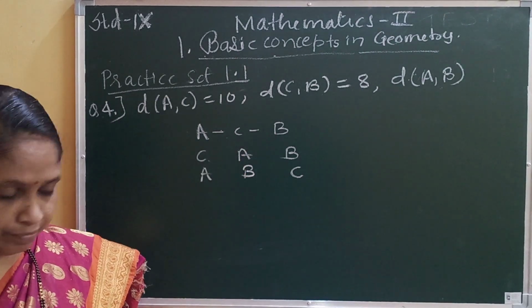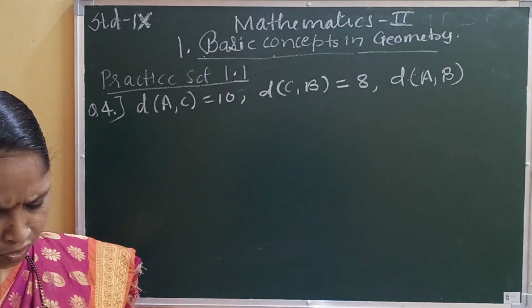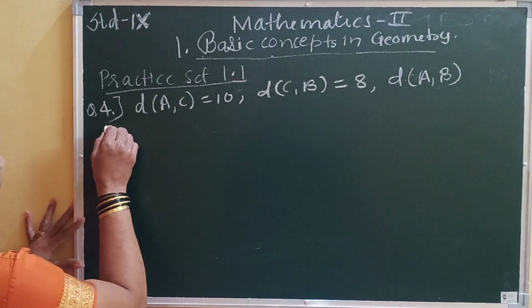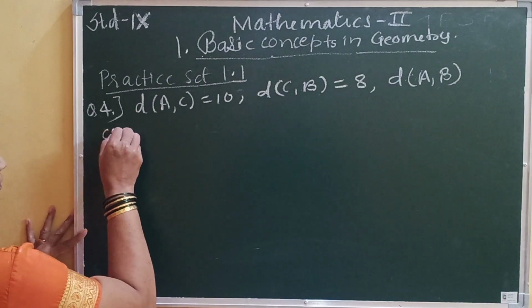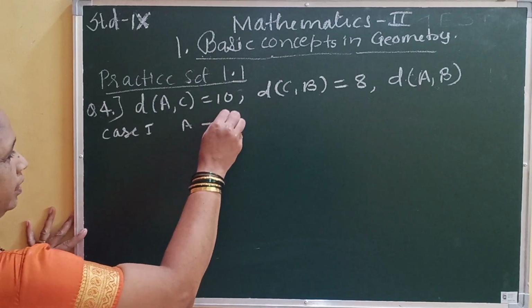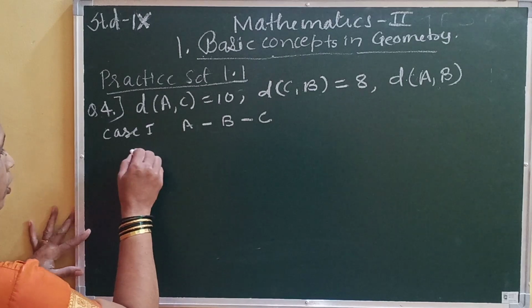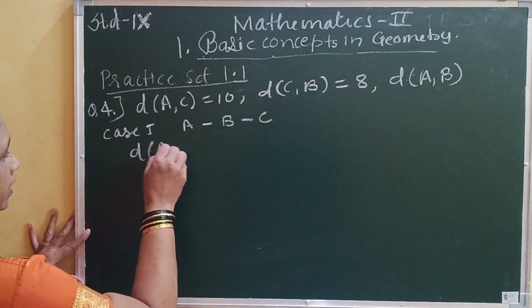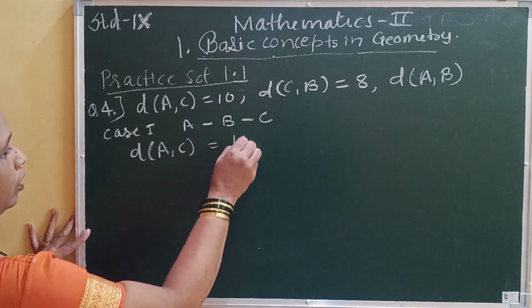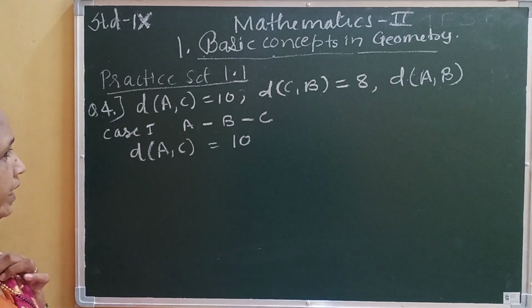So let's see by the condition. Now let's see the first condition. Case 1: A, B and C, like this we have considered. Distance AC is equal to 10.